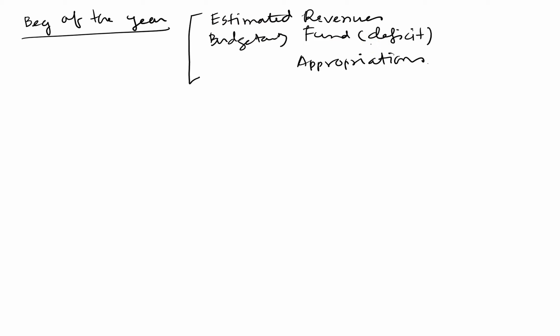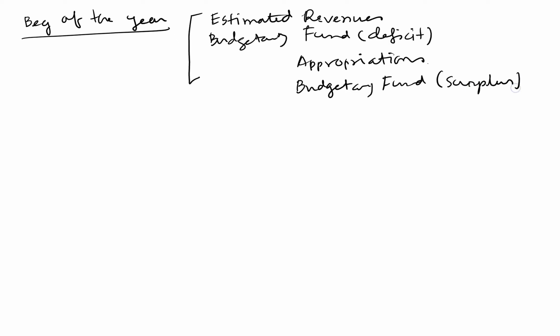That means in that case they have some surplus. That means the debit side is higher. So this extra budgetary fund, you can credit as budgetary surplus, because your appropriations are lower than your estimated revenues.